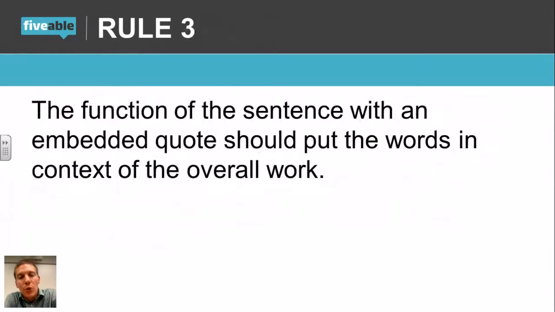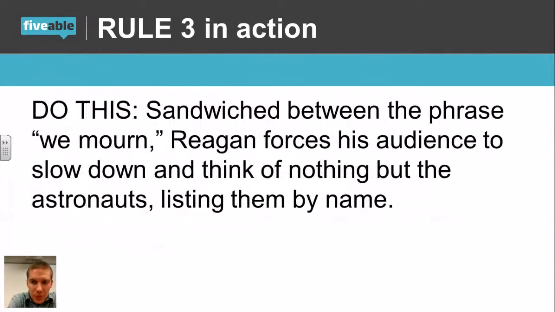All right, here's our third rule for effectively embedding quotes. The function of the sentence with an embedded quote should put the words in context of the overall work. So you've seen me already kind of start to talk about that. Sandwiched between the phrase "we mourn," Reagan forces his audience to slow down and think of nothing but the astronauts, listing them by name.